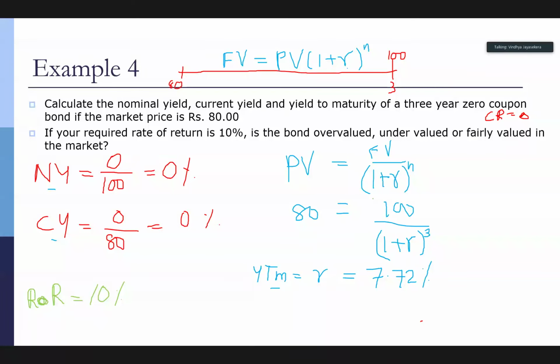YTM is IRR. Madam, for YTM, can't we use that formula, capital gain plus coupon divided by average price? That is a guess, right?